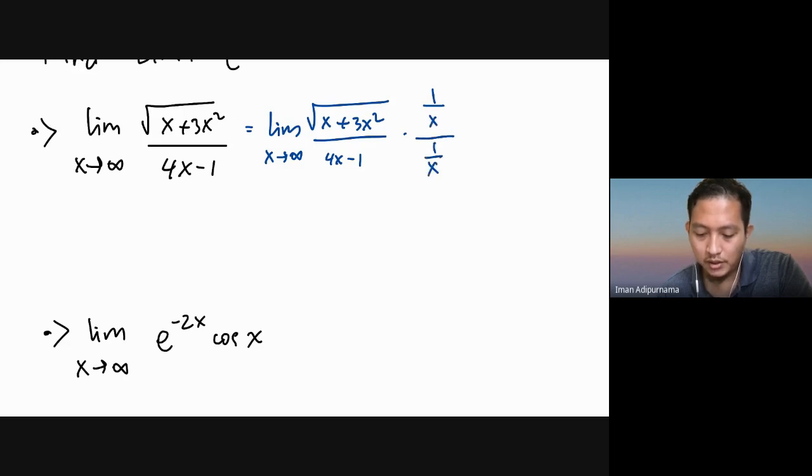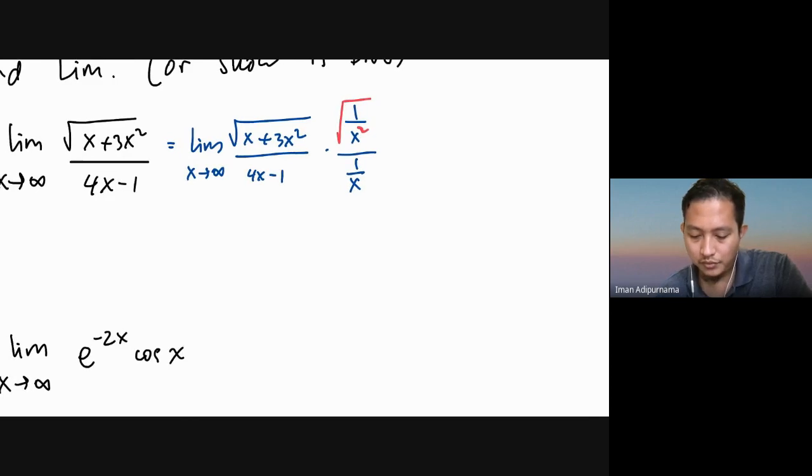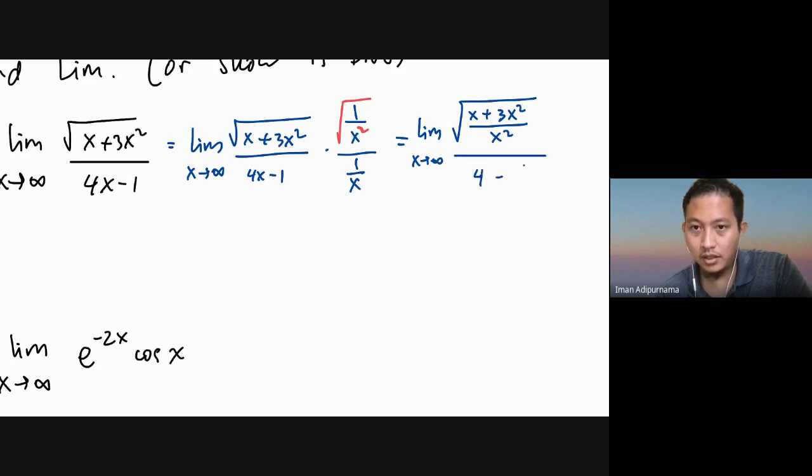But because it's having the square root, let me put the square root and x squared. So this is 4 minus 1/x.